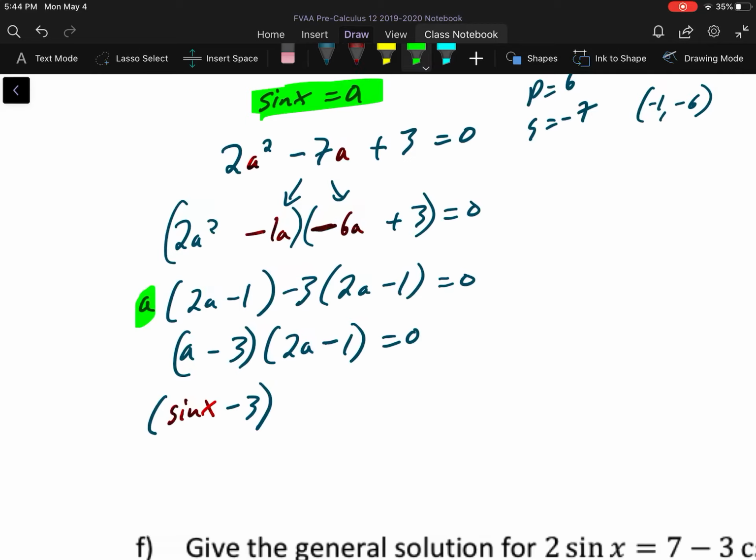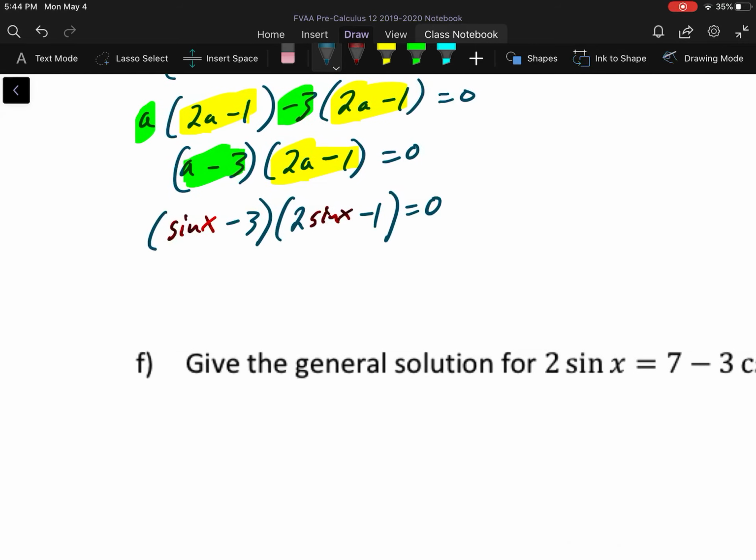And 2 minus 1, and then I have 2 sine x minus 1 is equal to 0. All right. Now I'm at a stage where I can just split up and try to solve for some of these.